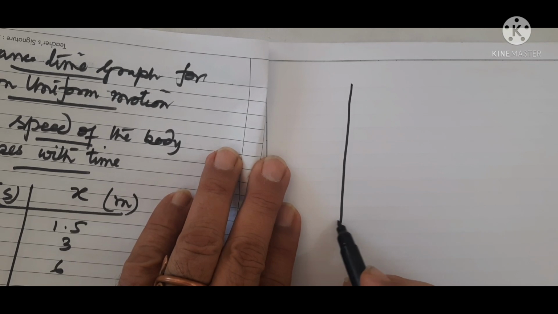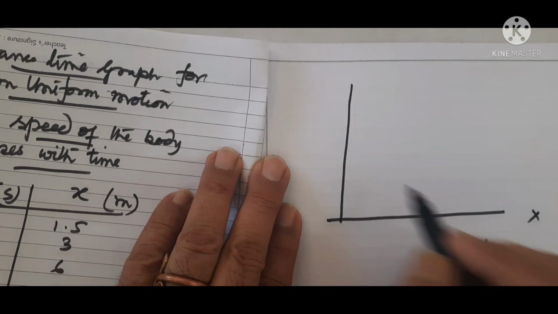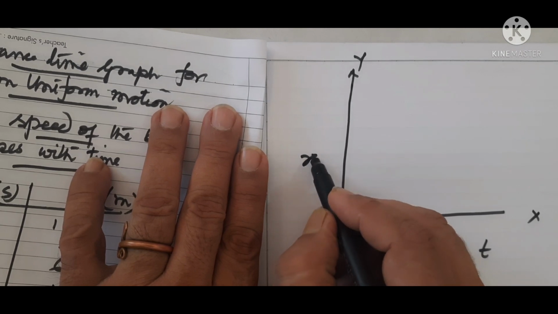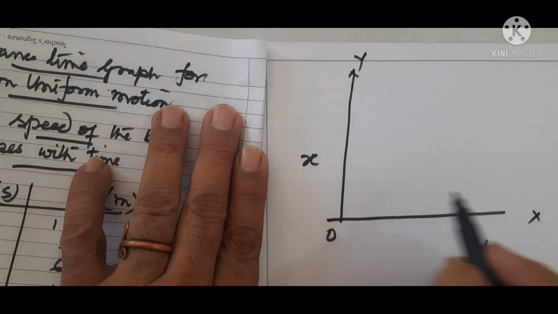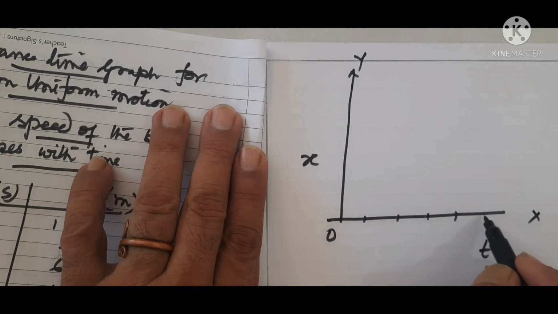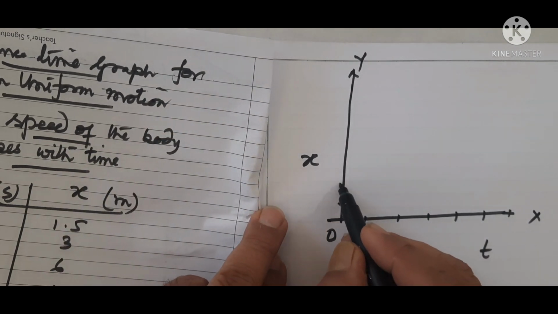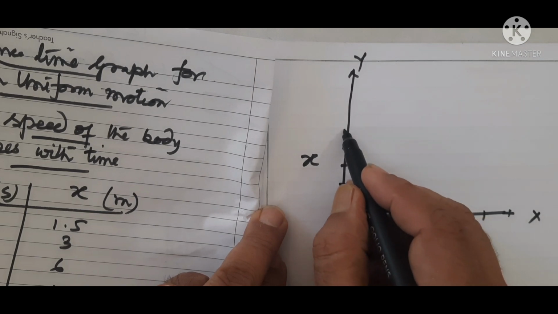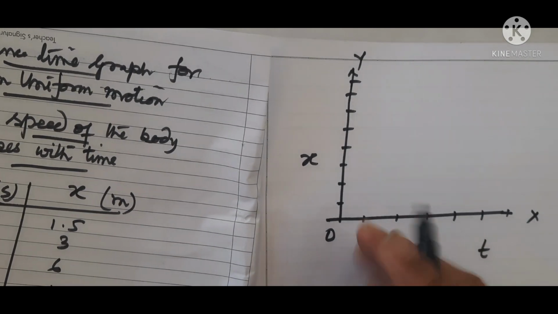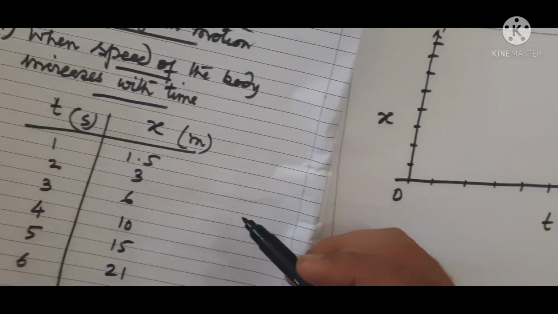Distance along the y axis and time along the x axis. Here the distance and here the time. So 1, 2, 3, 4, 5, 6 like that. And similarly here we can mark the scale, different scale, 1, 1.5, 2, 3 like that.